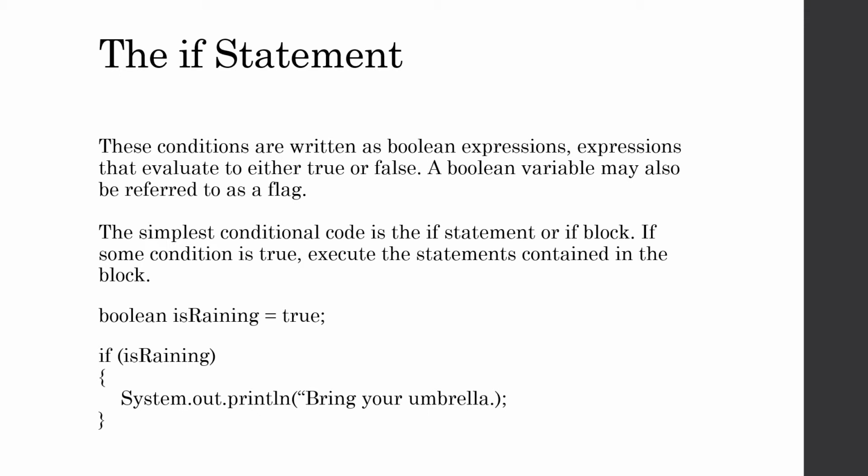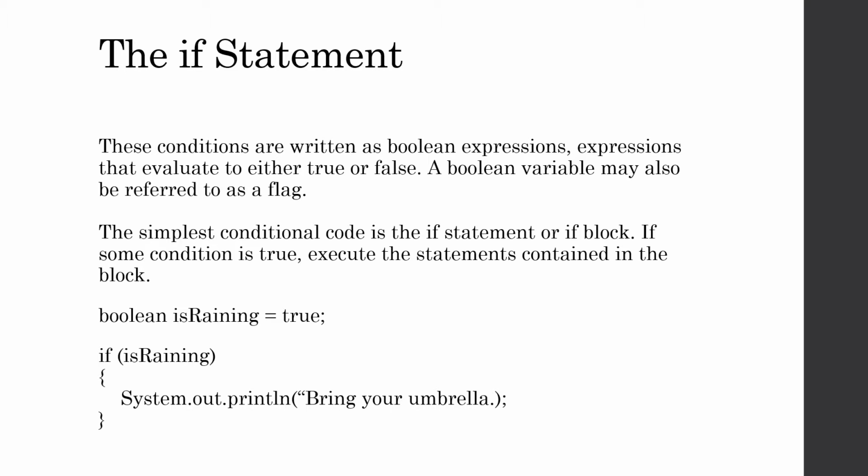So we saw a little bit about that Boolean data type in chapter 2, where it's going to be anything that can evaluate to either true or false. So a Boolean variable is something that we're going to be using with these if statements. You could also refer to it as a flag. The simplest conditional code is going to be this if statement or if block.